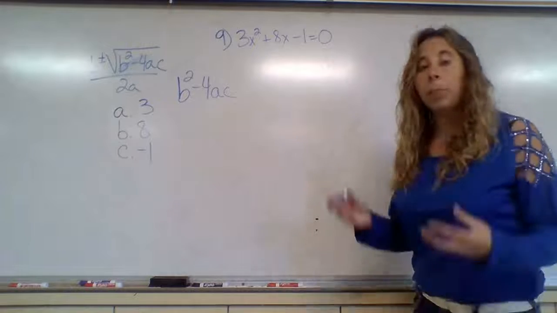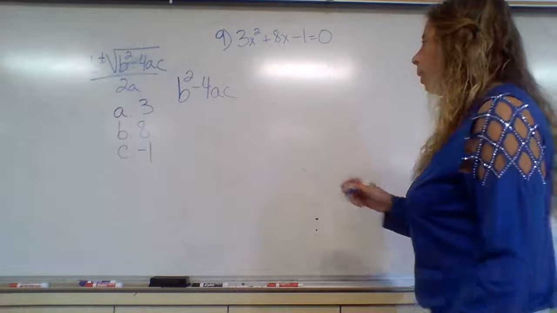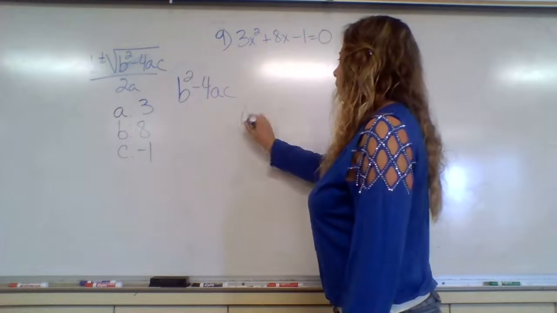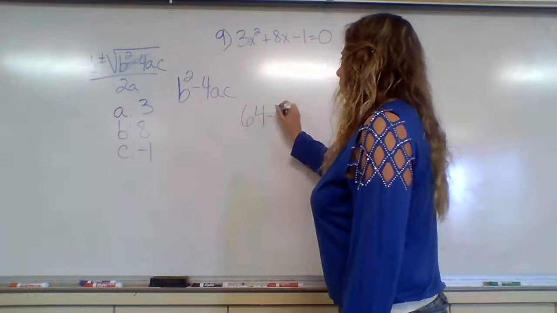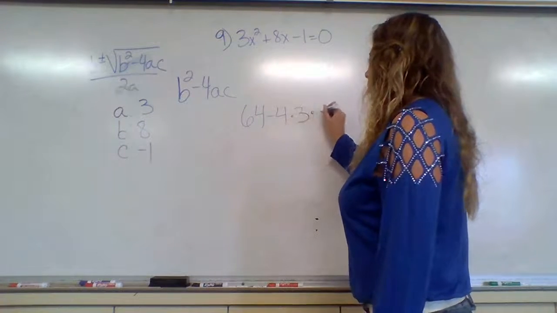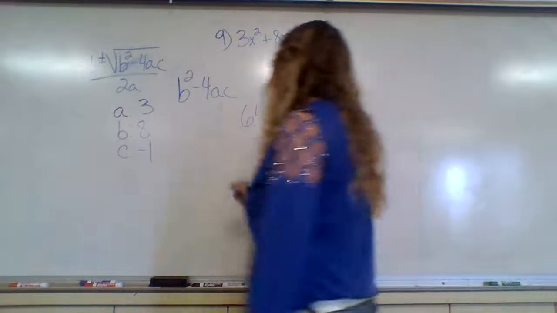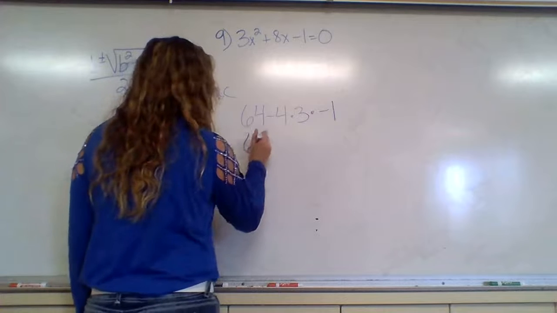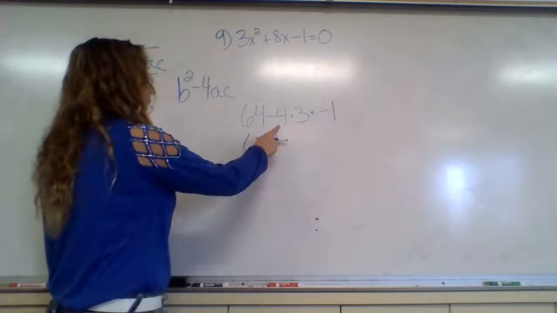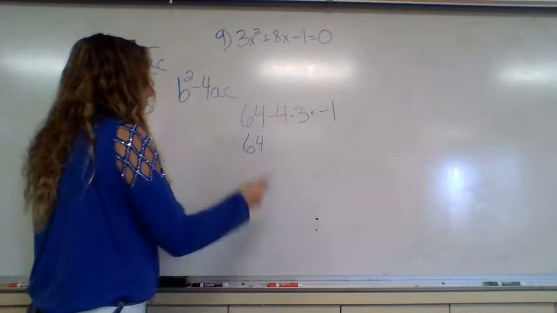So make sure you pause me and try it yourself. So B squared, so 8 squared is 64, minus 4 times A, which is 3, times C, which is -1. And then you're just reducing it. Multiply these 3 together. -4 times 3 is -12 times -1.